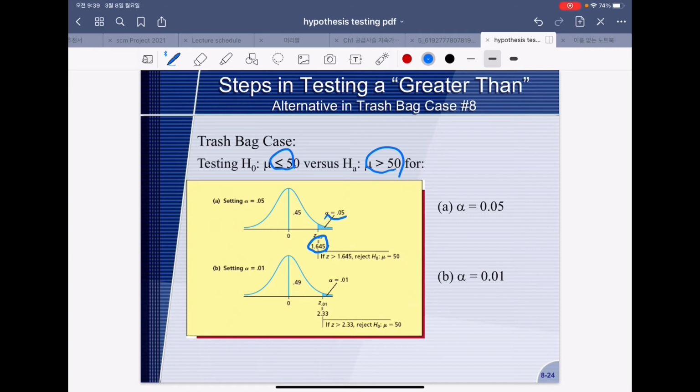So if x bar is big, you reject the null hypothesis. That's why we have the rejection region at the right side of this graph.